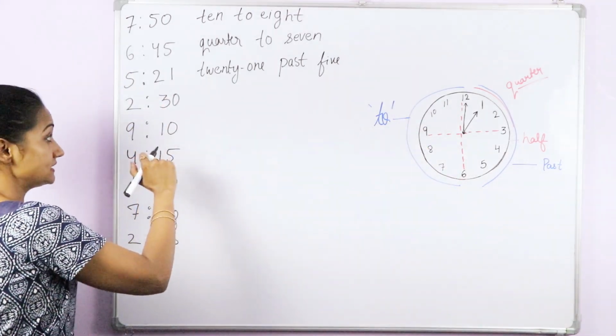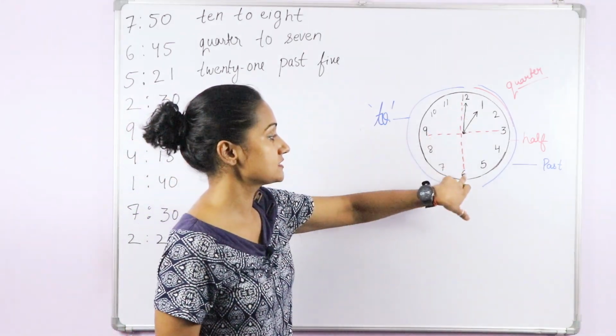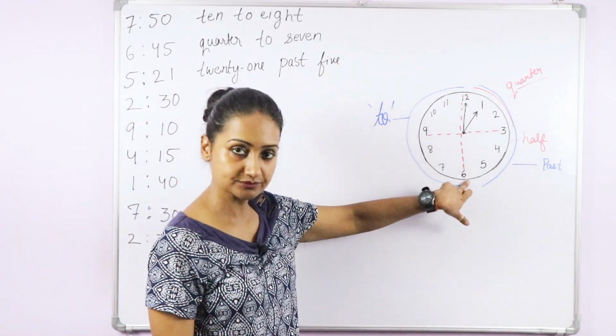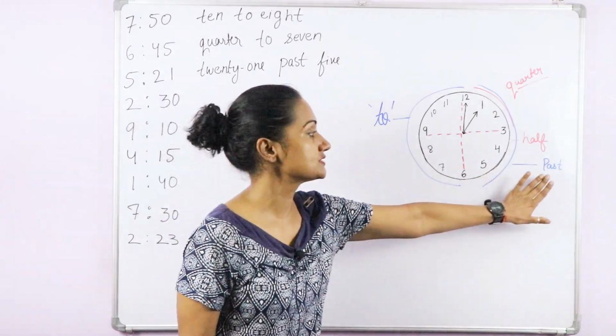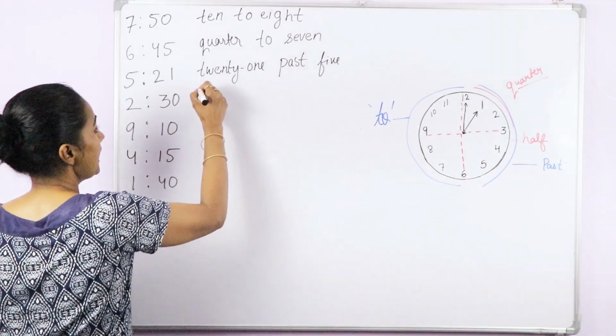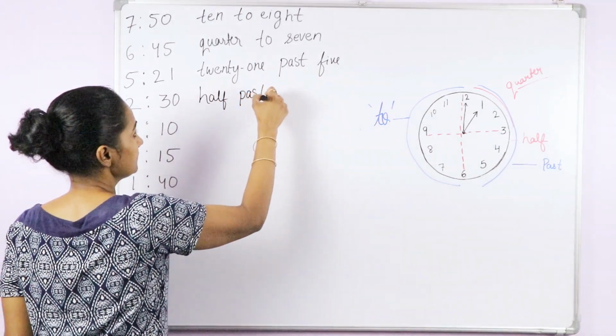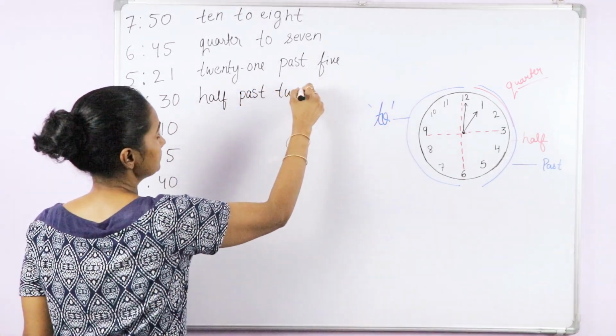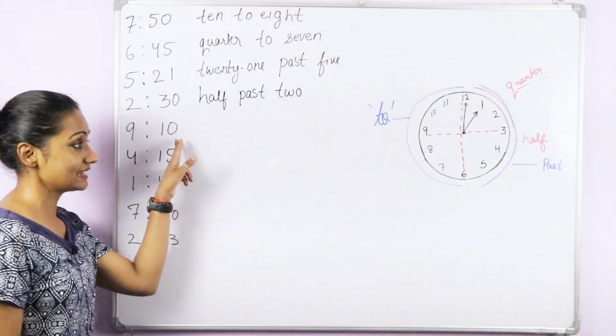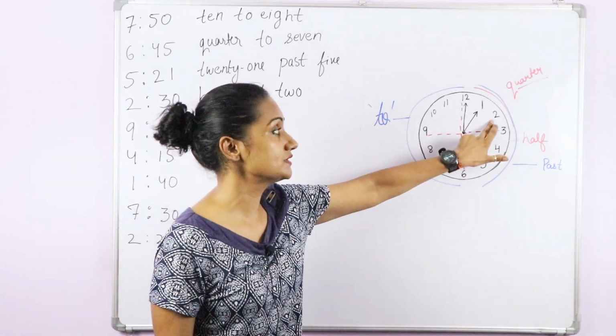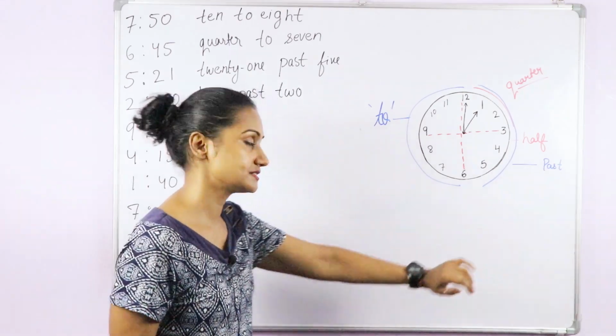We use the next hour when we are somewhere here in this half. Next is 2:30. So that means the minute hand is here and we will use 'past'. So half past 2. Next is 9:10. So the minute hand will come here again. We will use 'past'.